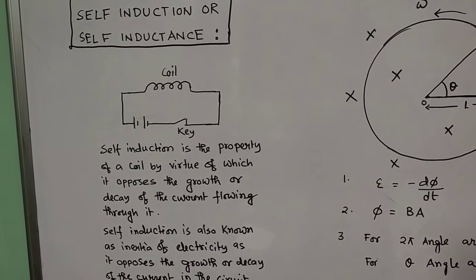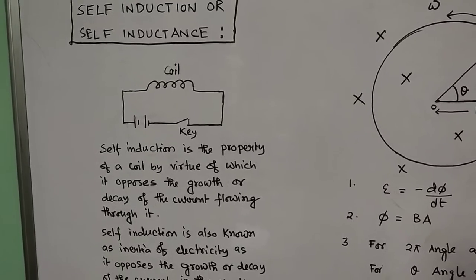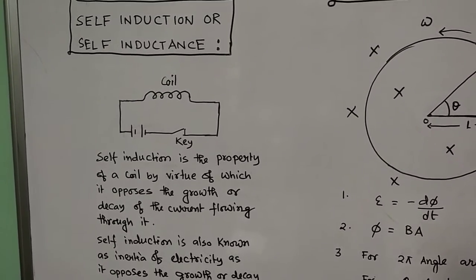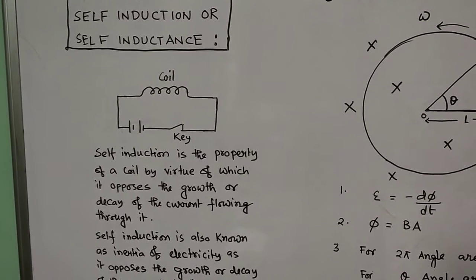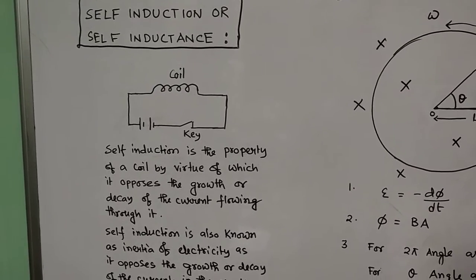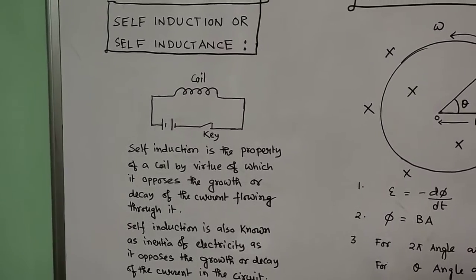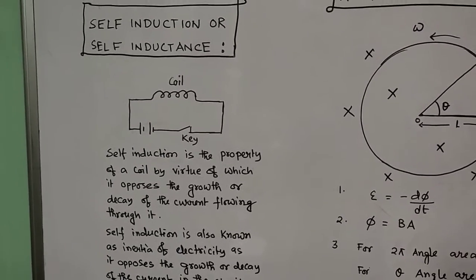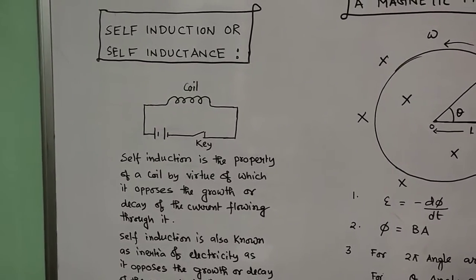Now this increase in magnetic flux is nothing but some kind of change in flux. So what will happen? An induced EMF is produced, and as per Lenz's law, this induced EMF opposes the rise in current. That's why when you close the key, the current takes time to reach its peak value.